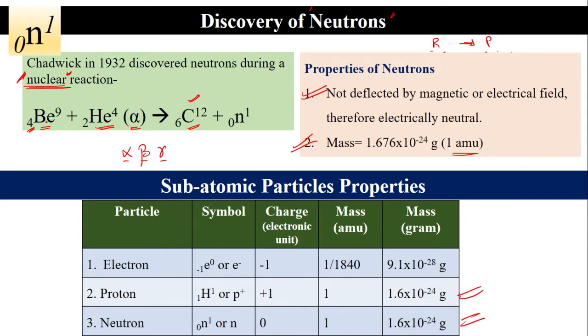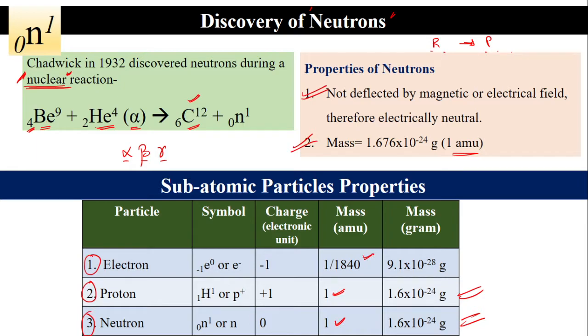So we know that when we compare the electron, proton and neutron, in the nucleus the proton and neutron are there and they are contributing 1 atomic mass unit each. But when we look at the electron, the mass it is contributing is negligible.